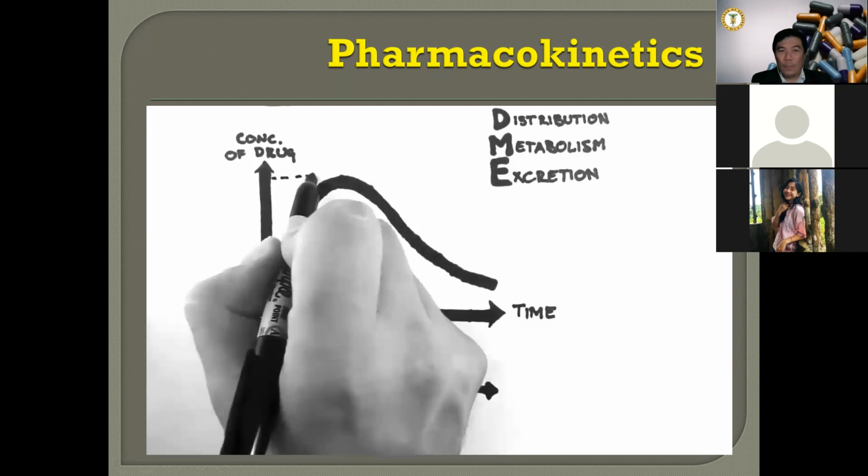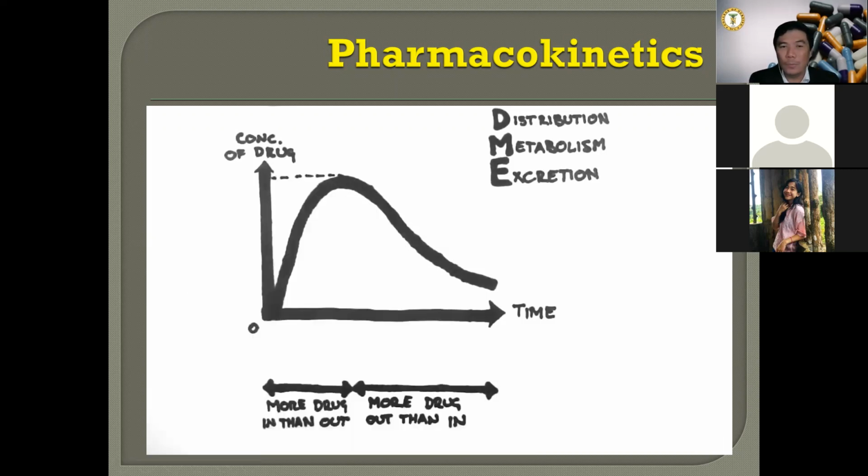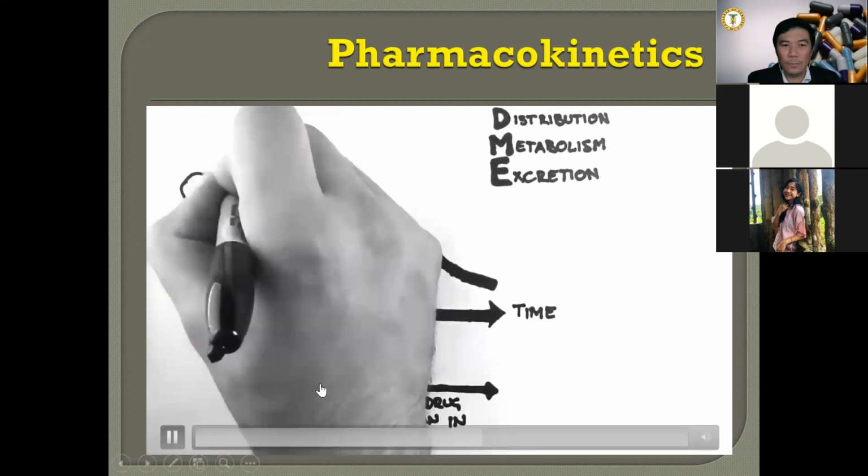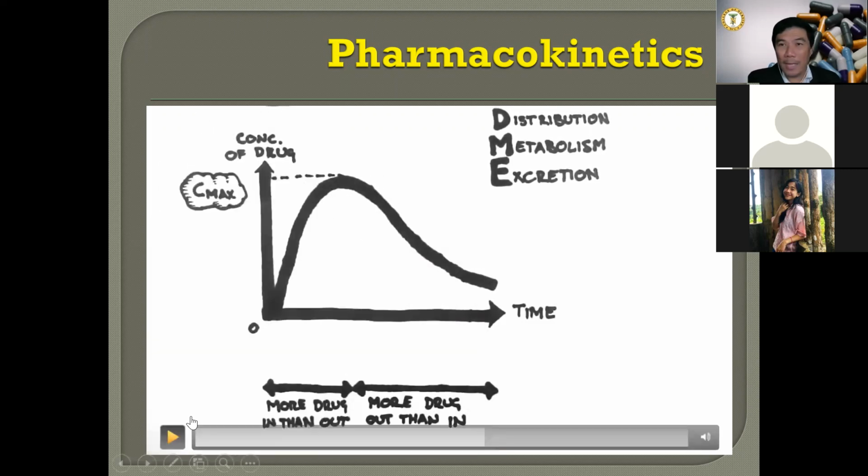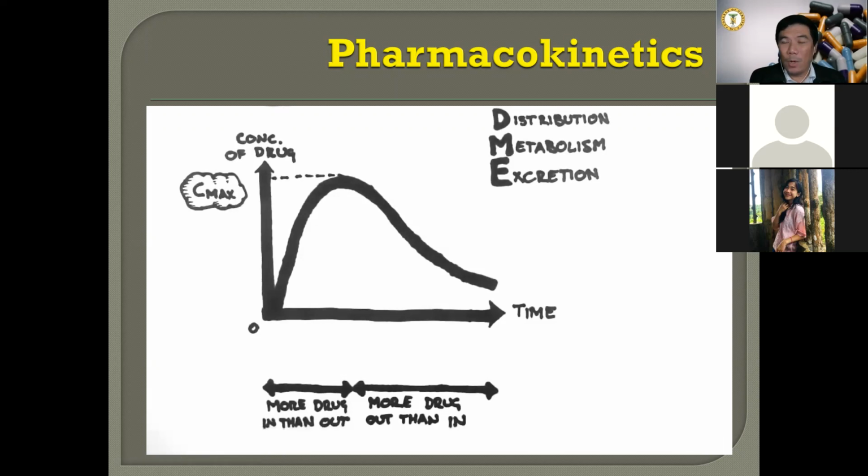This point at the top of the graph is important because it is the highest concentration of drug in the body. Therefore, we call this the maximum concentration, or Cmax. The Cmax is what we call maximum concentration or peak concentration level.